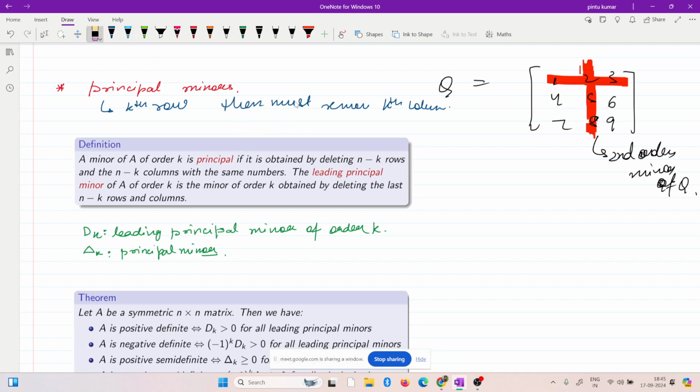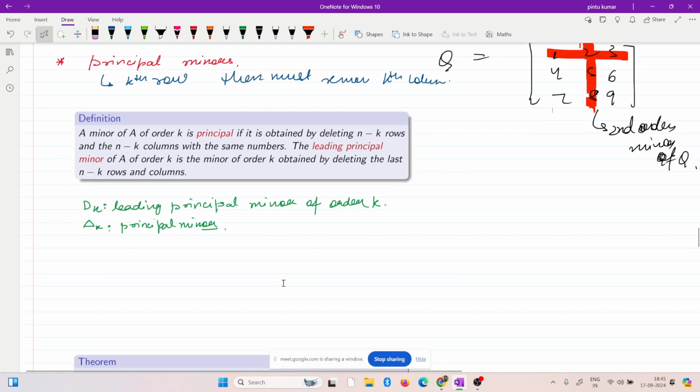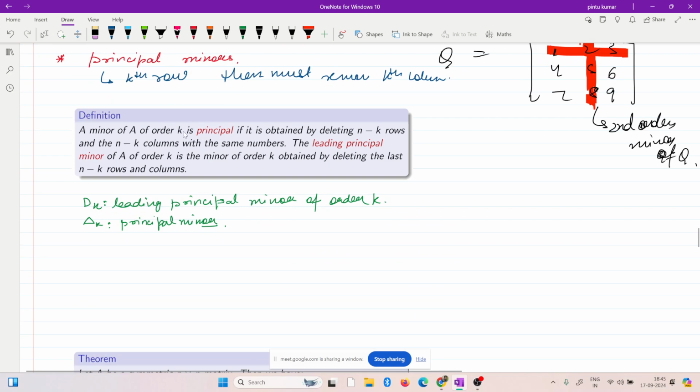And how do you define the order of that particular principal minor? An order k principal minor is obtained by deleting n minus k rows, right? So this is how you obtain it. For example, this one is not a second order because you removed one row.